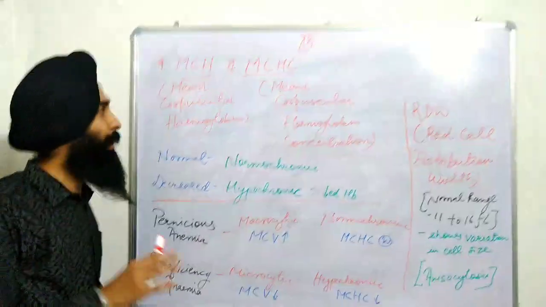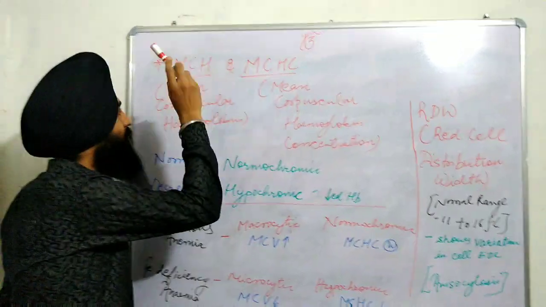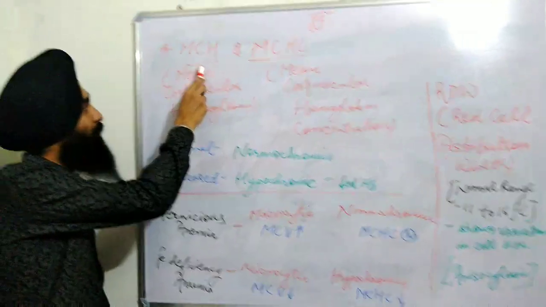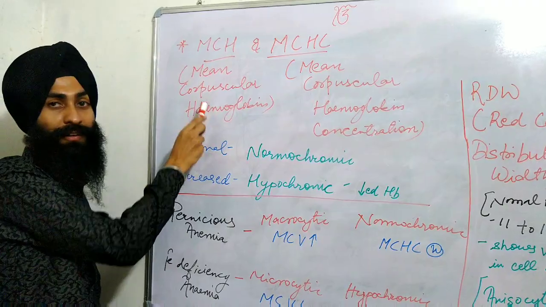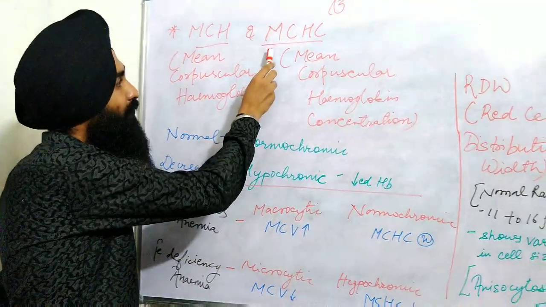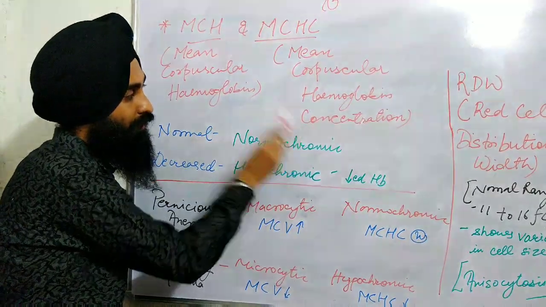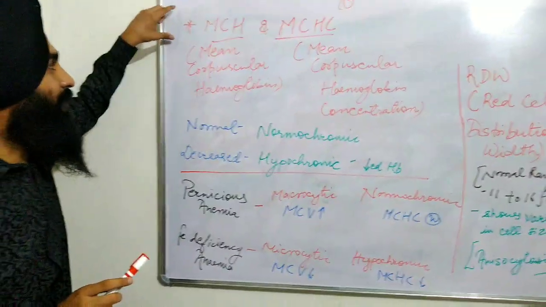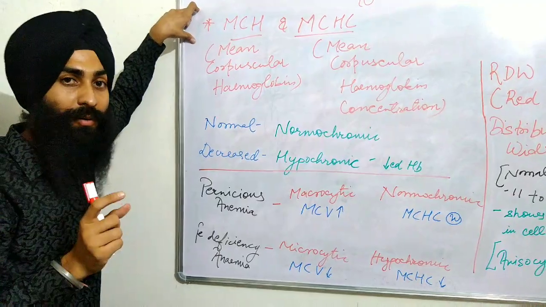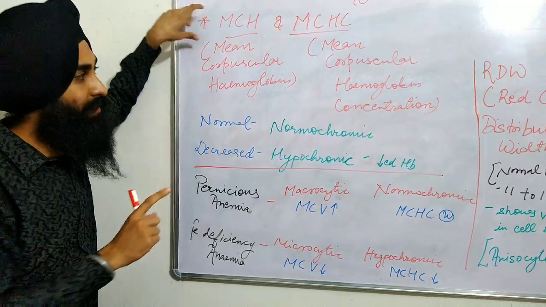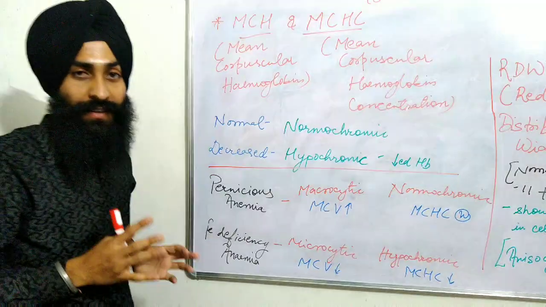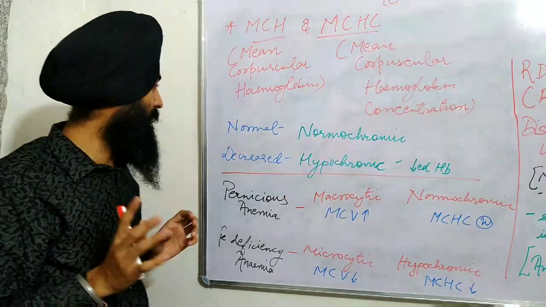So next is MCH and MCHC. MCH is mean corpuscular hemoglobin and MCHC is mean corpuscular hemoglobin concentration. MCH is measured in picogram per cell and MCHC is measured in either percentage or gram per deciliter.